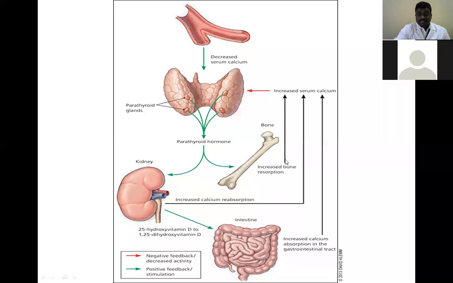These are the conditions that elevate calcium in the blood. Also, when excess vitamin D is produced in the kidney, it causes excess absorption of calcium in the intestine. This is also one of the reasons to elevate serum calcium.